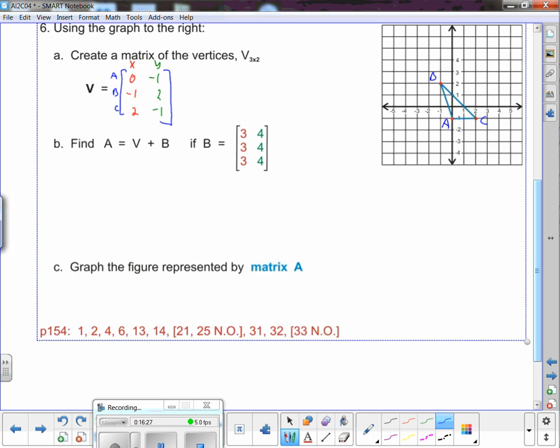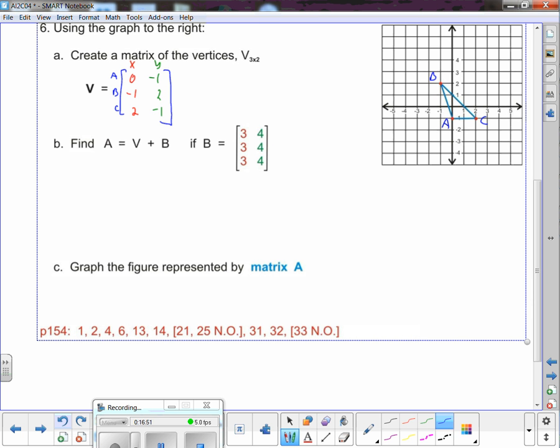Okay, so now we're going to take that matrix V, that matrix that we just created, and we're going to add this matrix B to it. So go ahead and do that. Add up those 2 matrices. And then when you're done, graph on that same graph the figure you get.